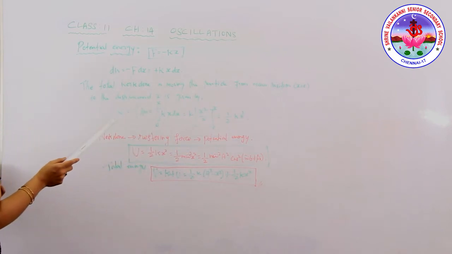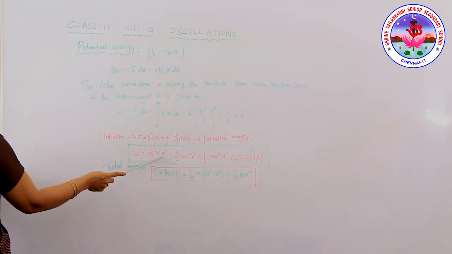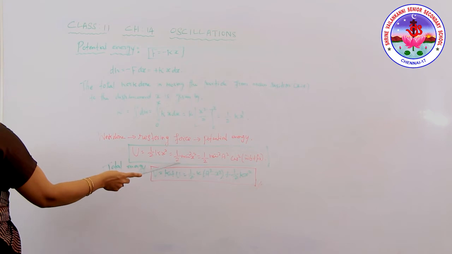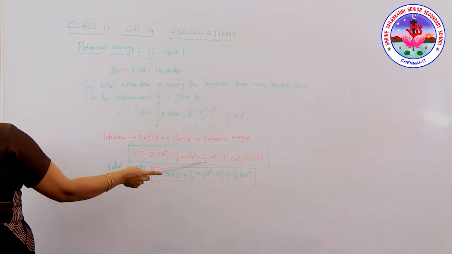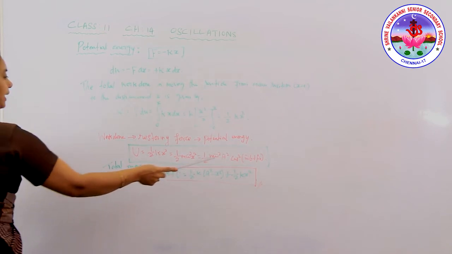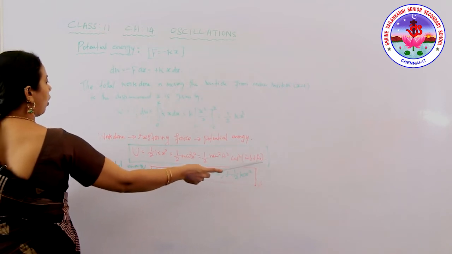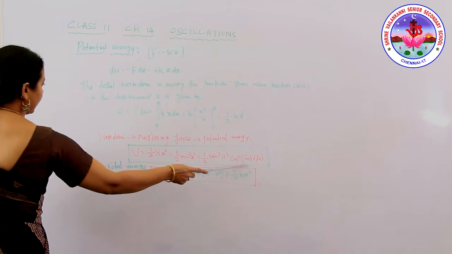Potential energy. So that U which is equal to half kx square, that is equal to half m omega square x square, which is equal to half m omega square a square cos square(omega t plus phi naught). This and all we have taken from previous knowledge of the expression.